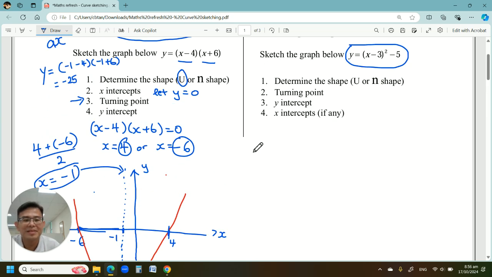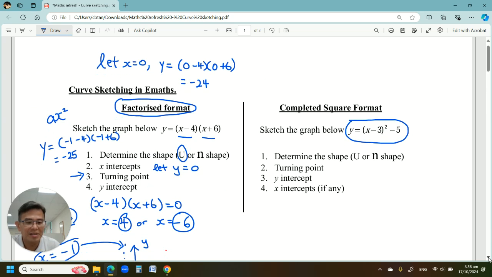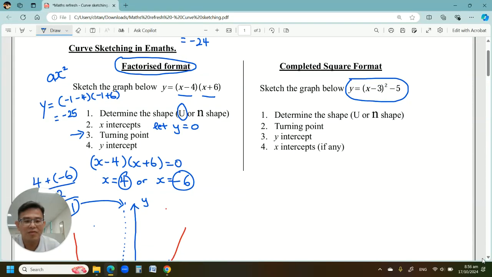Okay, all done. Now, next question, the completed square format. Now, for the completed square format, same thing applies. You need to know whether it is a U-shaped or N-shaped graph. So in this case, this is a U-shaped graph and the turning point. Now, the turning point can be read from the completed square. That is one of the reasons why we complete the square.